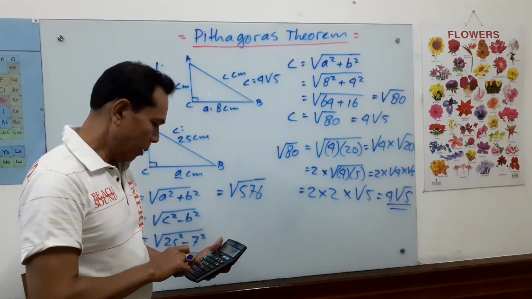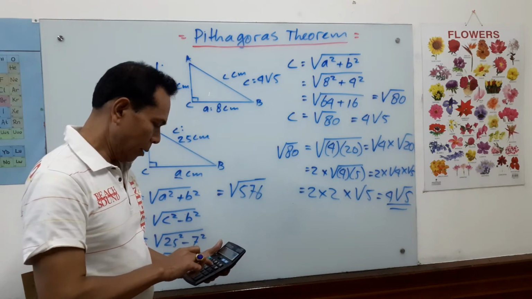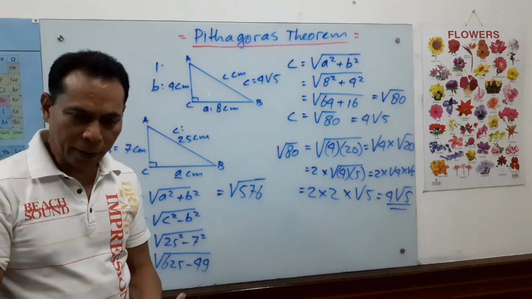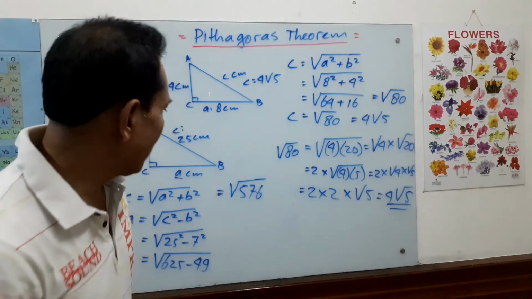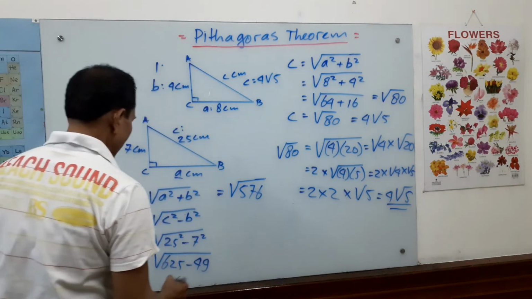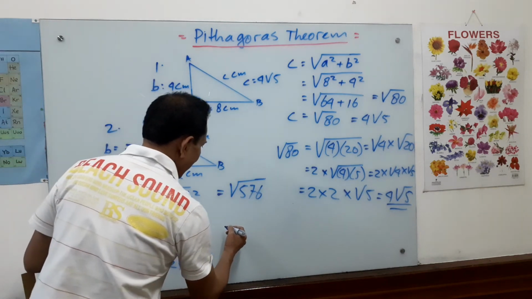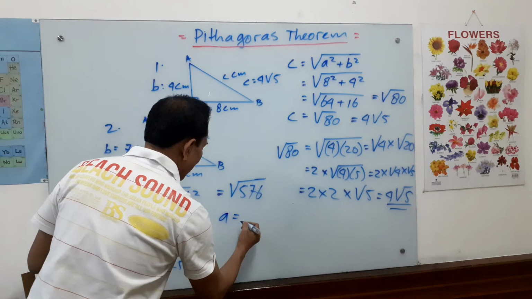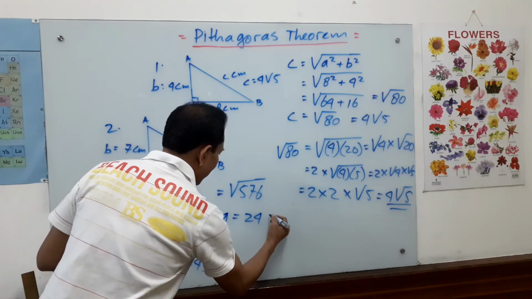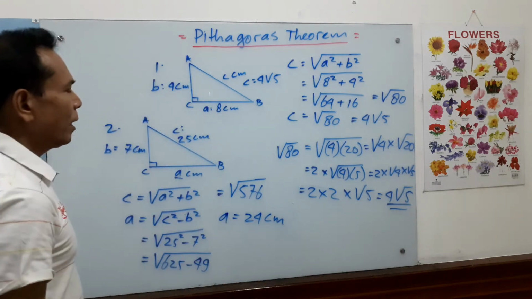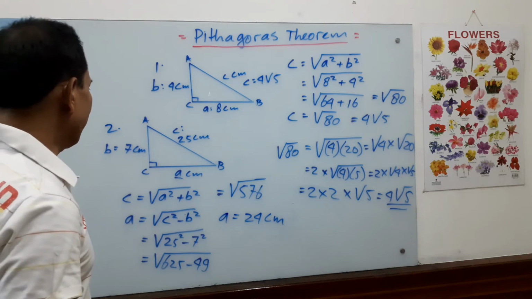Five, 7, 6, 24. Okay, it gives 24. So A equals 24 cm.